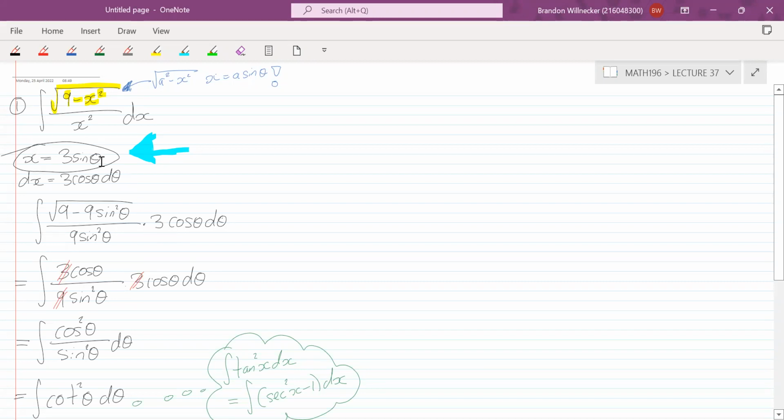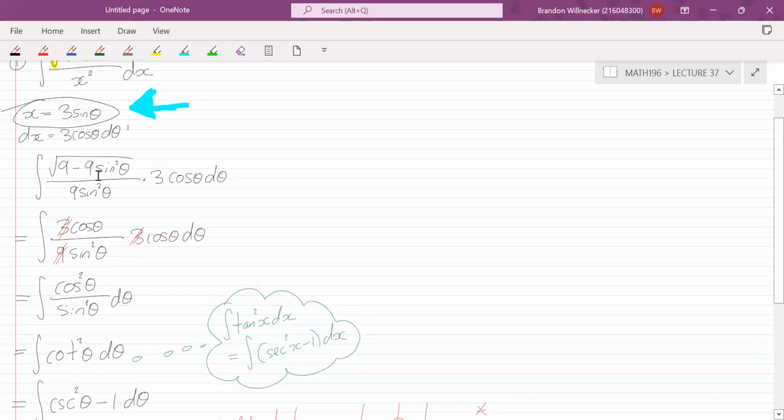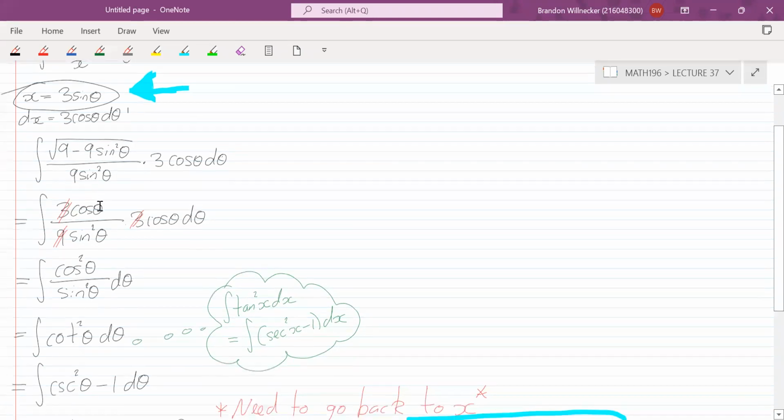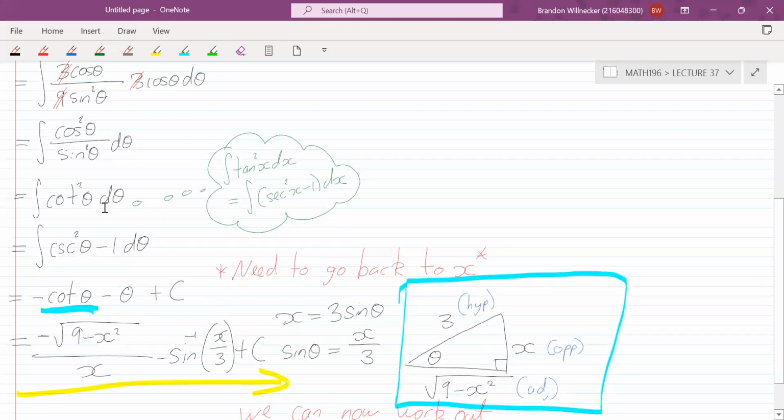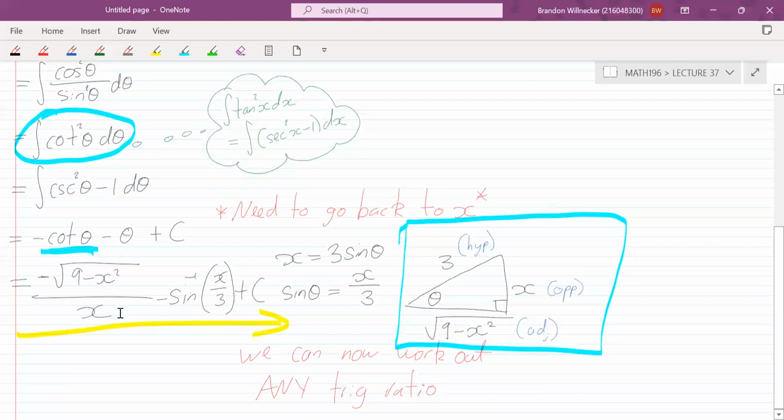Okay, because x is a trig function, so everything else becomes some trig function as well. So we replace x with 3 sine theta. We do all the trig identities if we need to, and after simplifying everything, we end up with a trig integral.